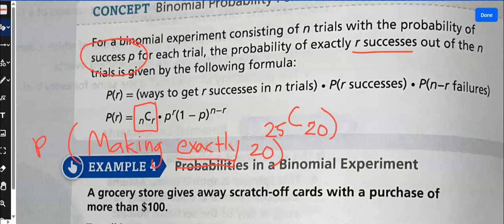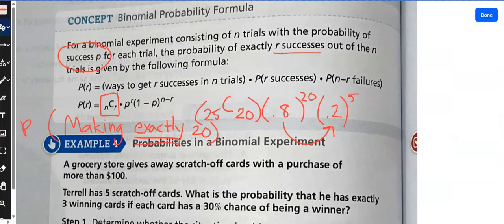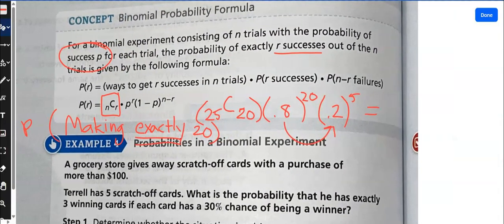If I'm using this formula, you have to know my probability of success. I'm an 80% free throw shooter, and I'm going to make 20 of these. That means 20% of the time I fail. And if I made 20, then that means I missed 5, because I shot a total of 25 times.